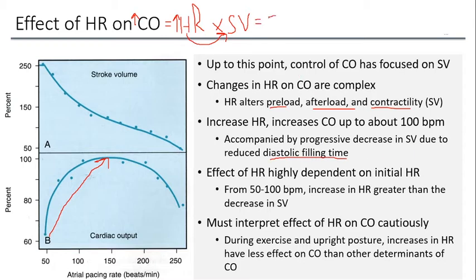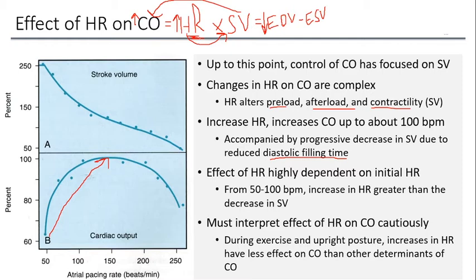So, again, stroke volume equals EDV minus ESV. And so if we increase heart rate, that leads to less end diastolic volume, which is going to have an impact on stroke volume and therefore cardiac output.